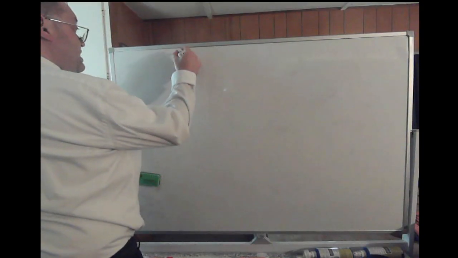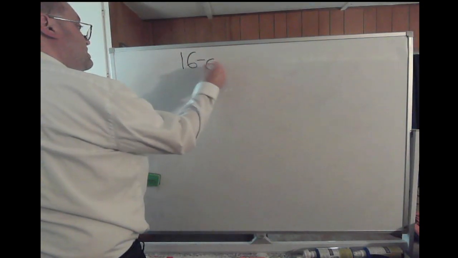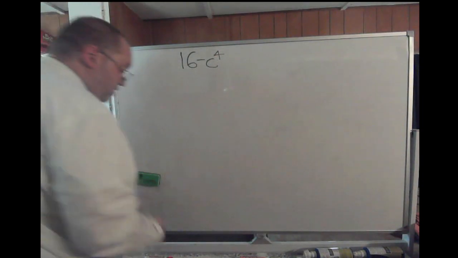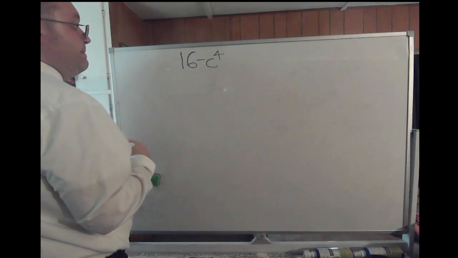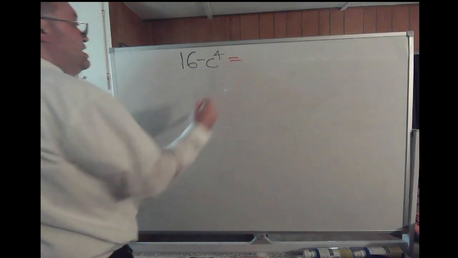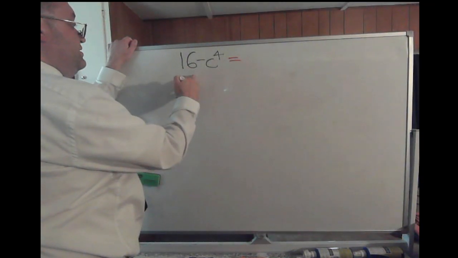Alright, now what if we had something like this? We have 16 minus c to the fourth. Well, all of a sudden it's not to the second power anymore. Well, the process starts the same. You're going to keep your first term positive.